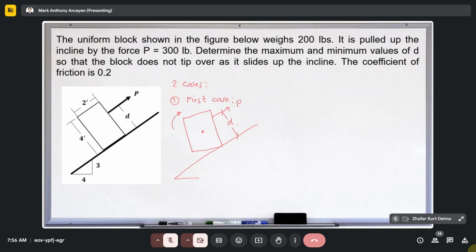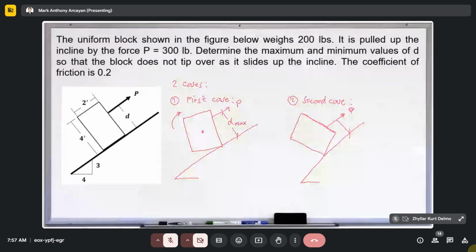That's the first case. Here we can measure the maximum value of our D. The second case is that if we position P very close to the inclined surface, we do not have enough support for this block to move in a stable manner.